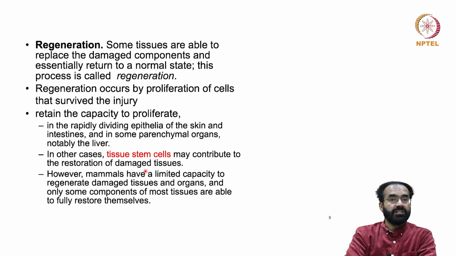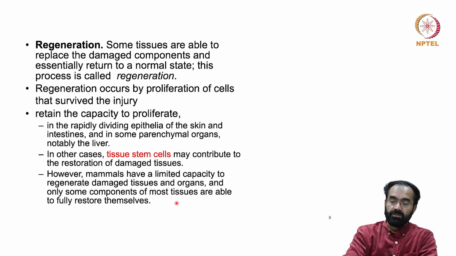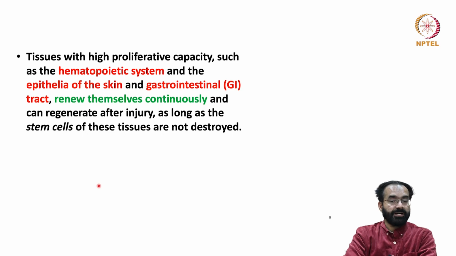In other organs, tissue stem cells, what we saw in the previous picture, may contribute to the restoration of the damaged tissues. However, in mammals, there is very limited capacity to regenerate damaged tissues and organs, especially complex organs. Liver is an exception, but the majority of them have limited capacity to regenerate.